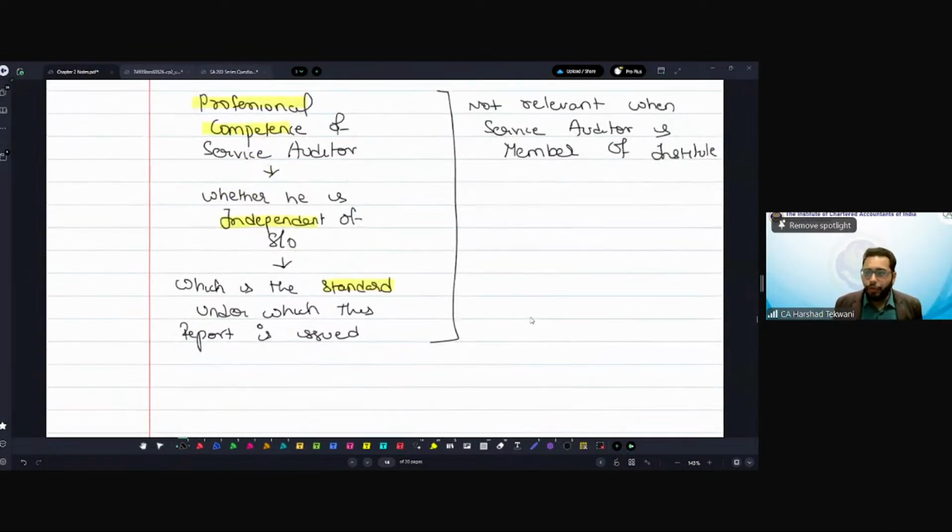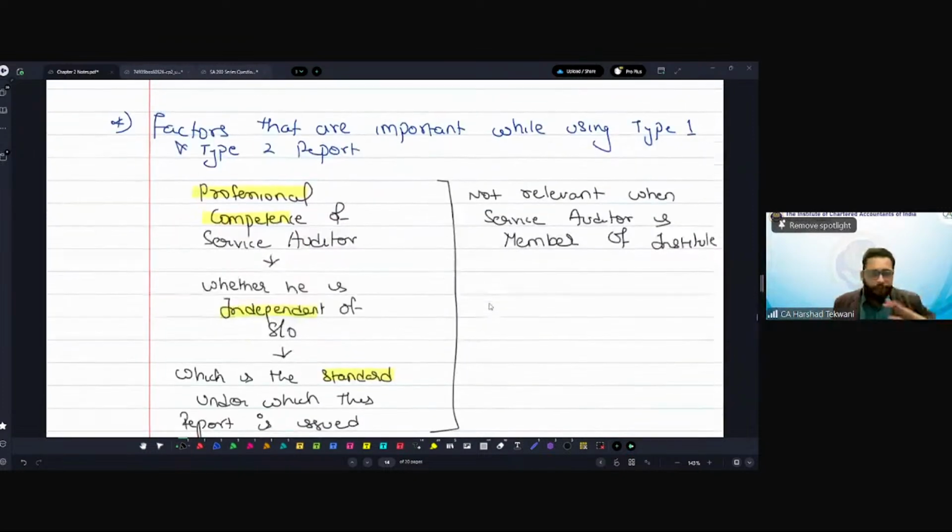They can be used. Should I use this report now? If I verify these things and I'm fine with all of them, should I now use this report? So what I'm talking about here is the sufficiency and appropriateness of the report.